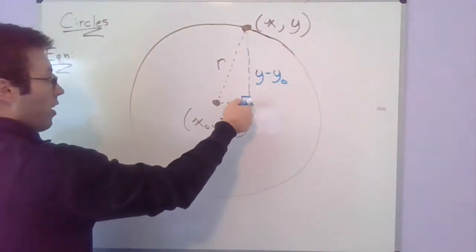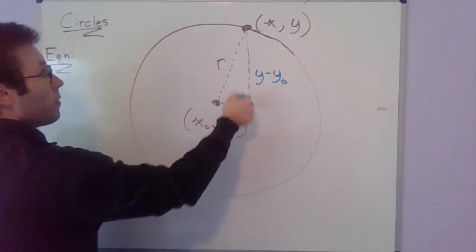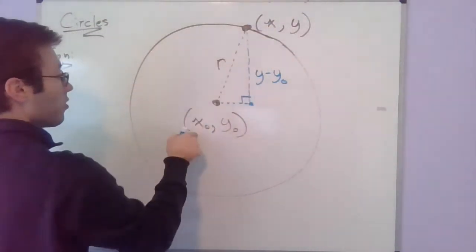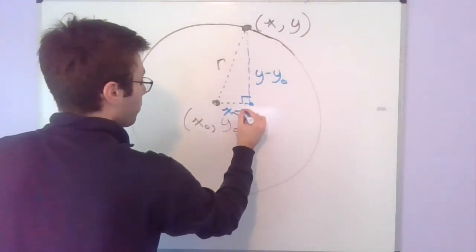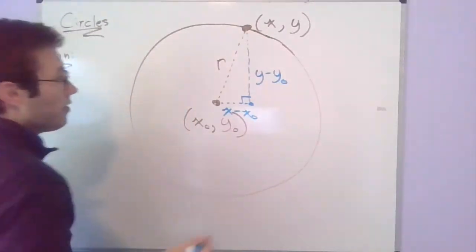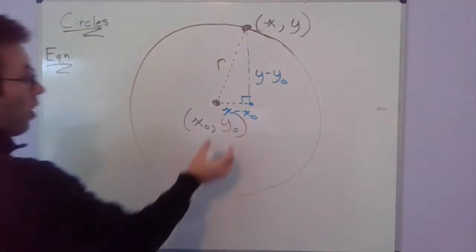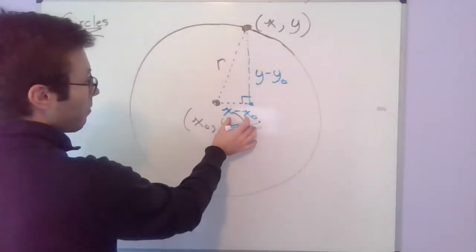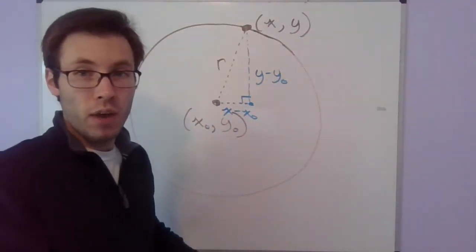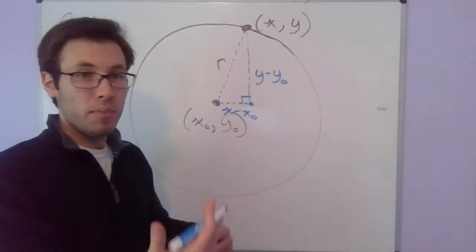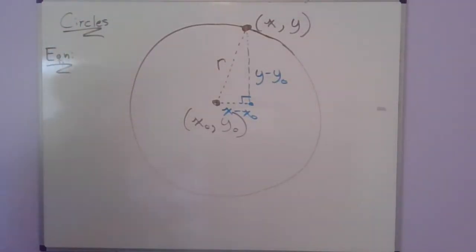The distance traveling this way is going to be x minus x sub 0, right minus left, x minus x sub 0. And it doesn't necessarily matter if this is positive or negative, because when we use the Pythagorean theorem, we end up squaring the value anyways. But it's typically done this way.